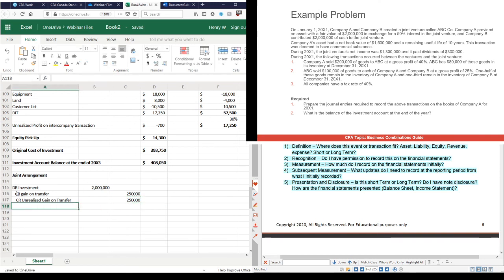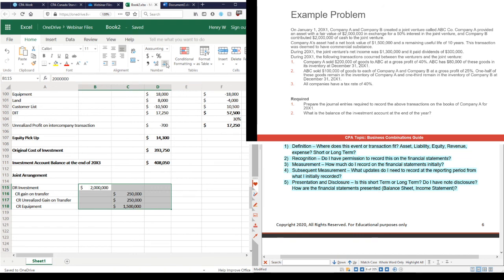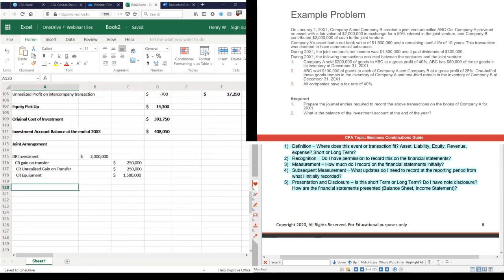And then you're going to credit the equipment that Company A contributed. So this is the initial investment into the ABC joint venture, okay? Relatively straightforward, straight from the case information, okay?